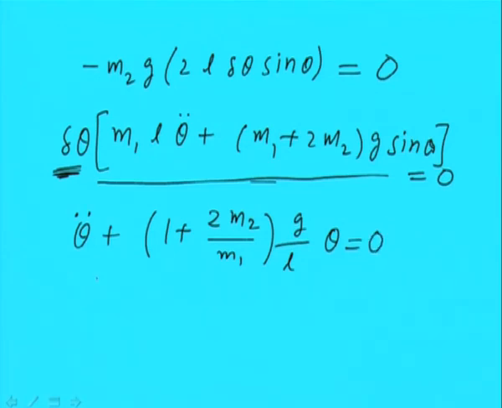From here, because this is the standard equation of motion of a single degree of freedom system, the natural frequency will be given as the square root of (1 plus 2 m2 over m1) g by L.